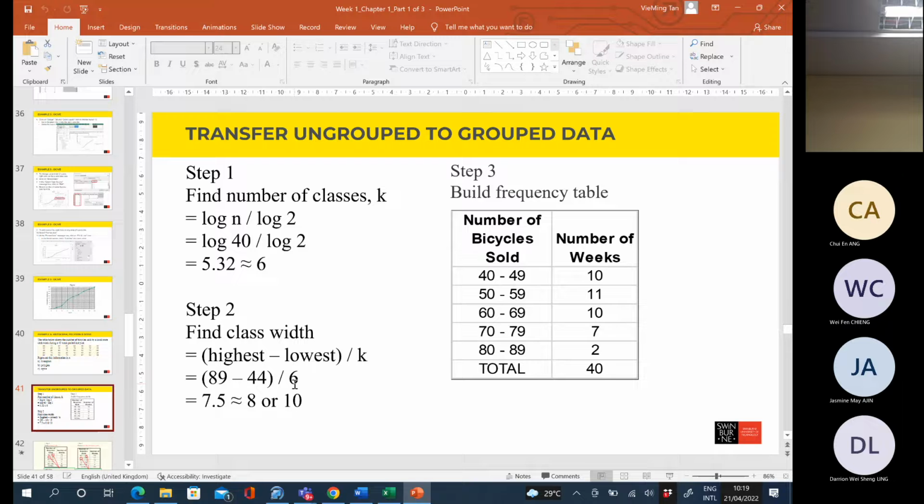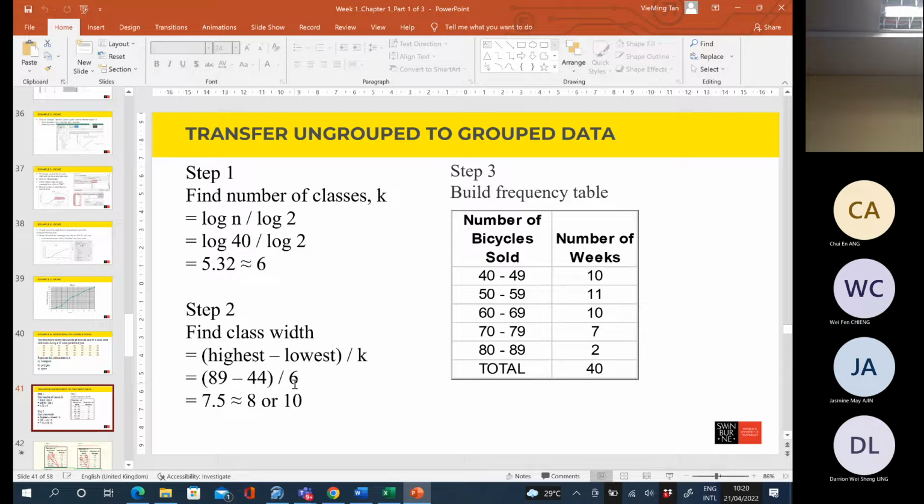Nothing wrong. To maintain a consistent class size, the second class should also be 10 numbers, so it should be 50 to 59. Continue the same process until you cover the highest value, which is 89. The highest number is 89, so I just stop here. If you have a higher number, then you can add one more class, which is 90 to 99.